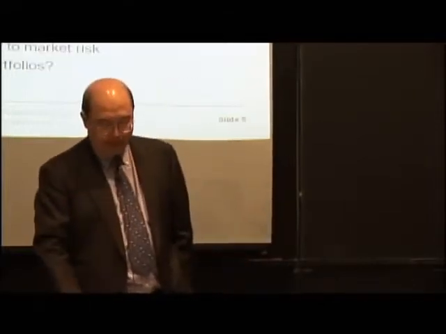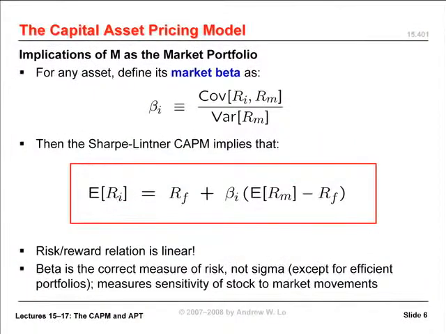Where I left off last time was not the capital market line, but this equation, which I did not derive, but which I argued comes from the equilibrium argument that Bill Sharpe made 50 years ago. And this really relies on the fact that if markets are in equilibrium, there is a relationship between risk and expected return for all securities, not just efficient portfolios.